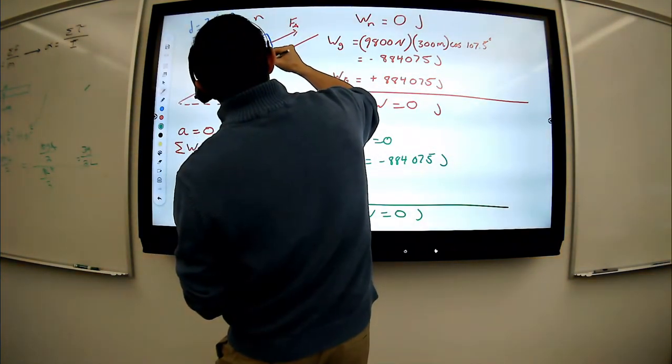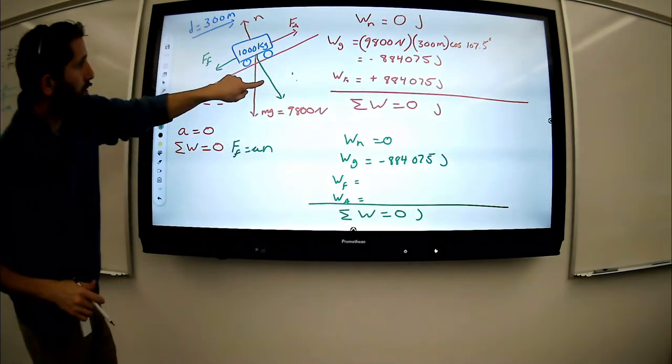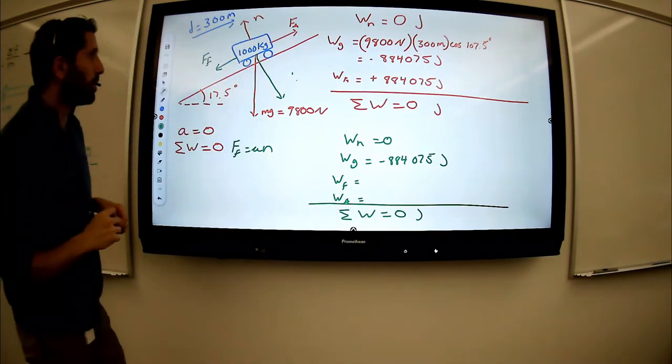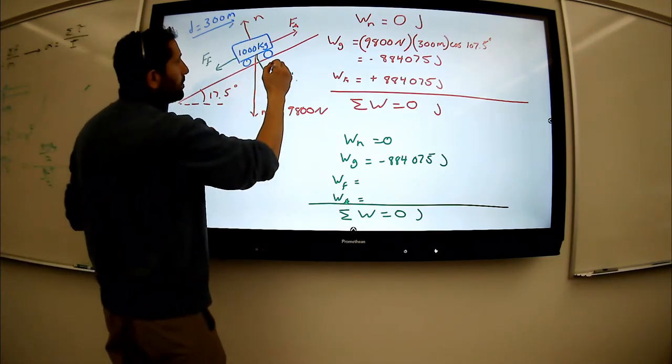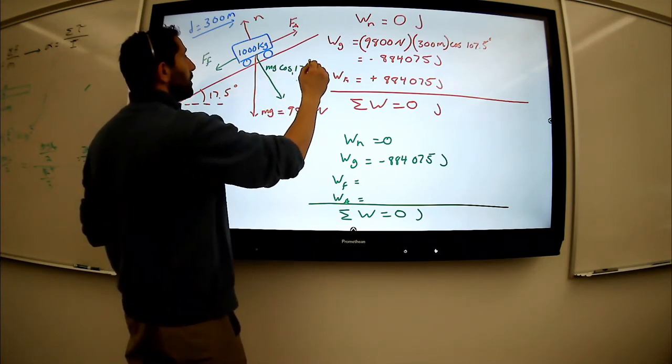So like this way, this component of the weight. That component of the weight has to equal the normal force. And if you remember, that's mg cosine of that angle.